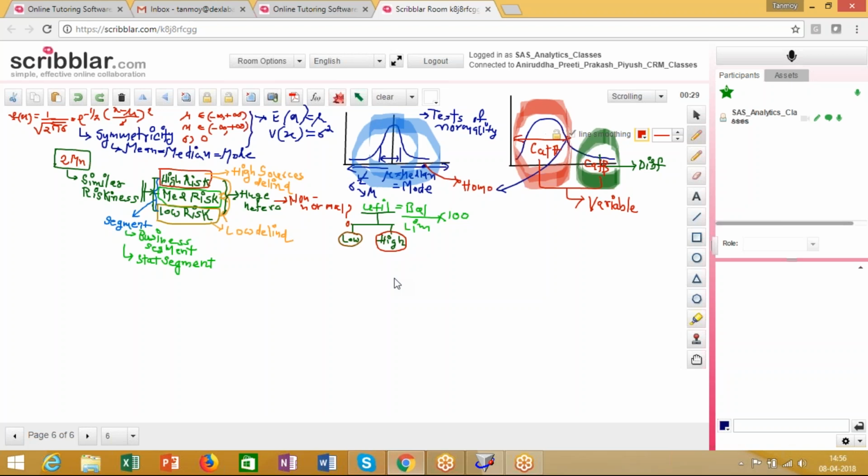On the other hand, with the high risk segment, are they symmetrically distributed? That is where we can test for normality, and see whether the utilization values are symmetrically distributed or not. If a segmentation has been done, then certain key variables should be more or less normally distributed.